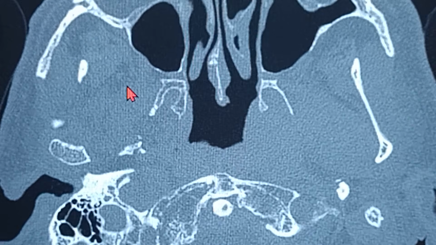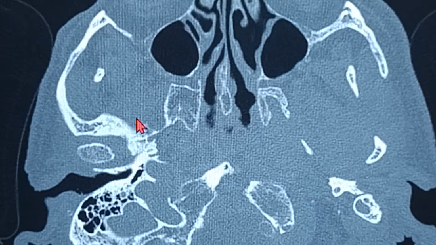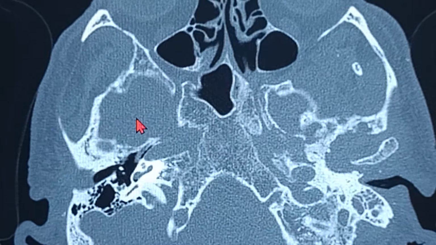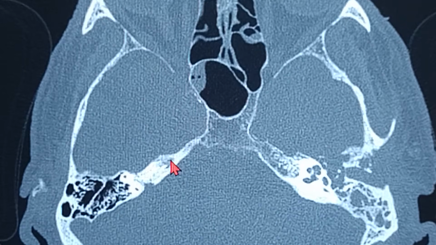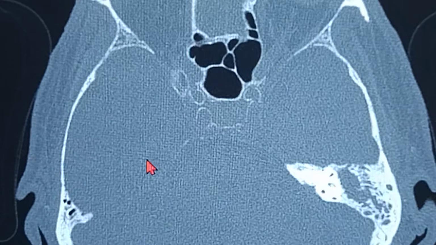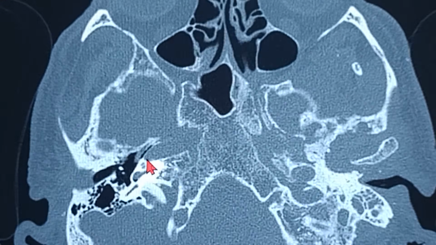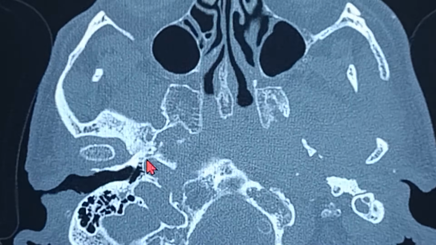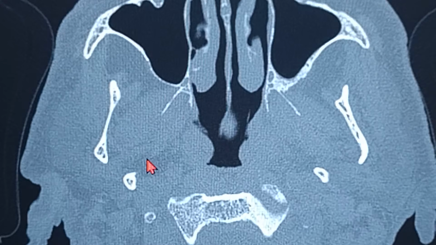I was at the very low level, and at the very upper part you can see the petrous part going to meet the clivus, and then you can see the brain. So I'm coming back to the very lowest part around the skull base, where the mastoid tip just begins.